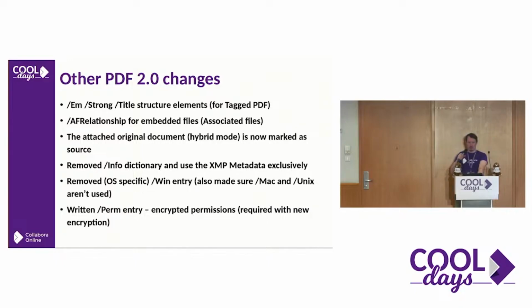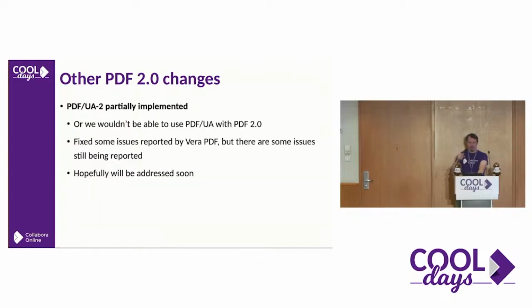There are some OS-specific entries. I just removed them, and no alternative is needed, and they're generally not really used that much. There's also this Perms entry, which is an encryption permission required by the encryption itself. And then, as I said, there is PDF/UA-2 that was partially implemented.